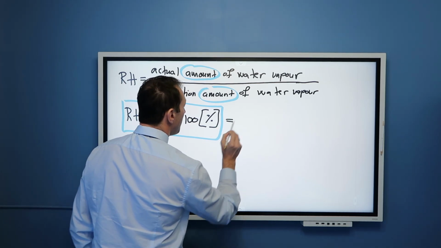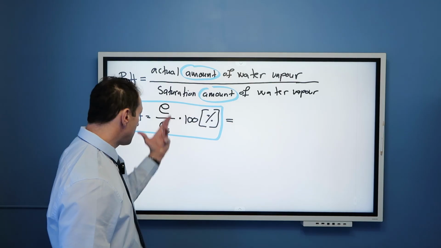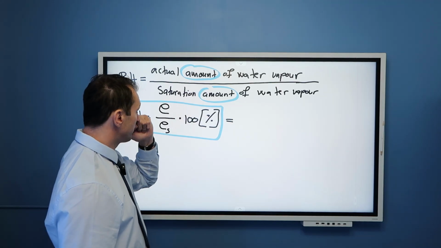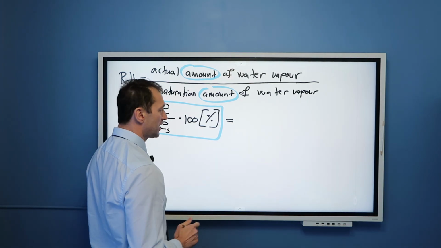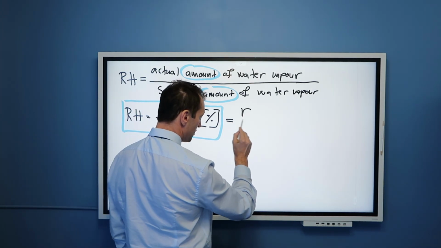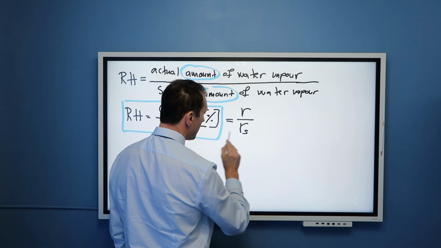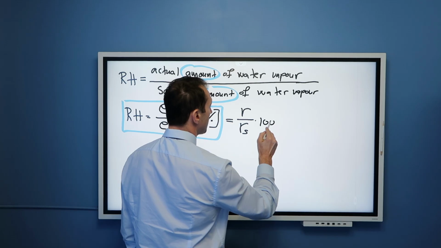But I also want to tell you that you don't have to use vapor pressures. That's why I use the word amount here. If you watched my videos on the mixing ratio, then you can see that this can also be expressed as the mixing ratio of water vapor divided by the saturation mixing ratio multiplied by 100 again.